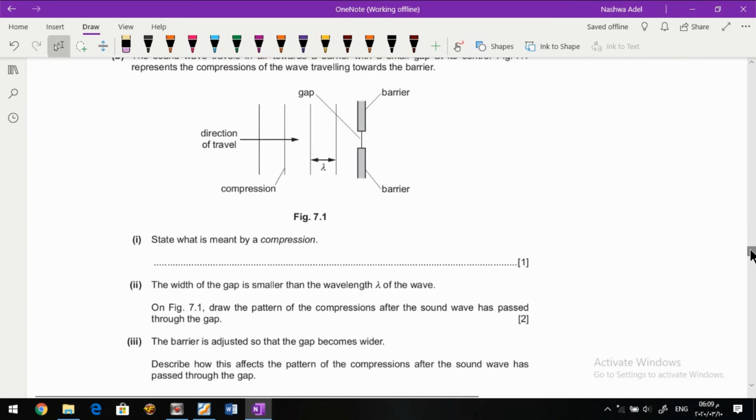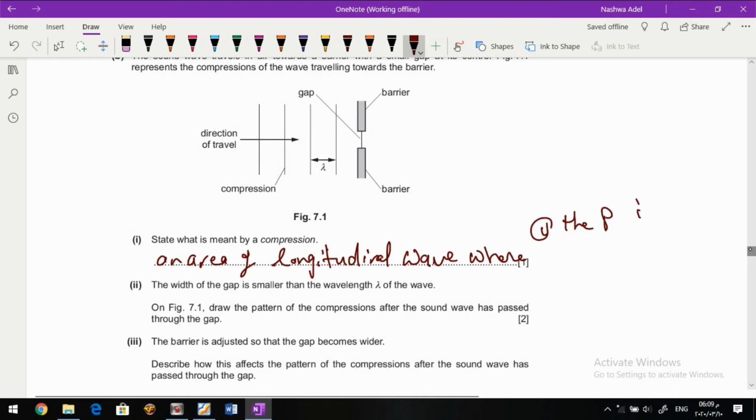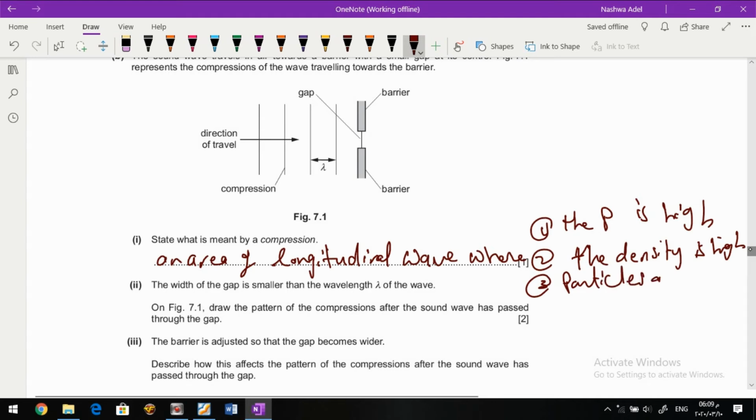It is an area of a longitudinal wave where the pressure, P, is high, or the density is high, or the particles are close to each other. The width of the gap is smaller than the wavelength lambda.